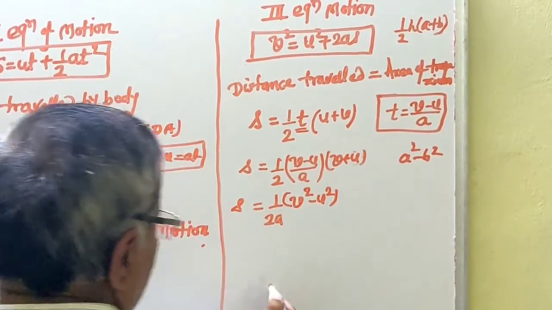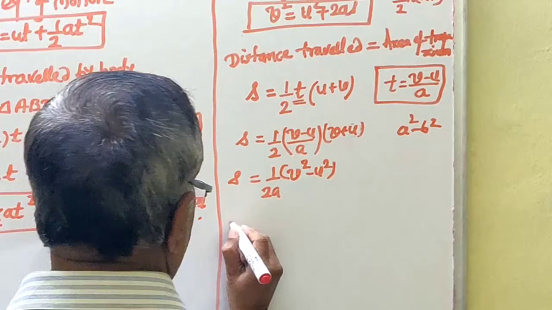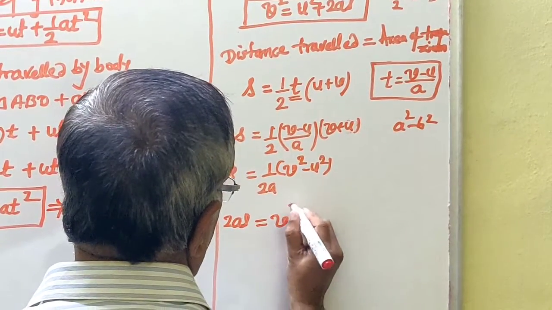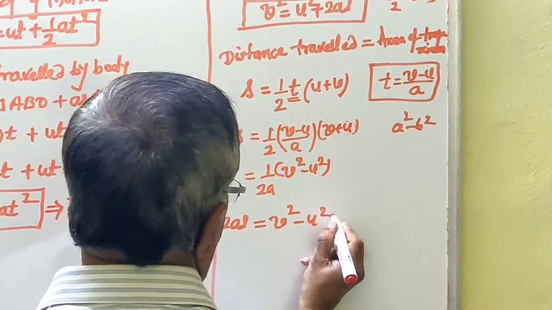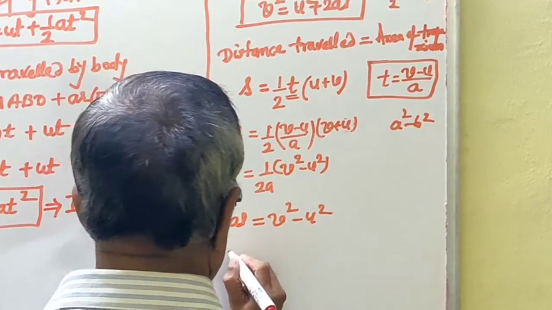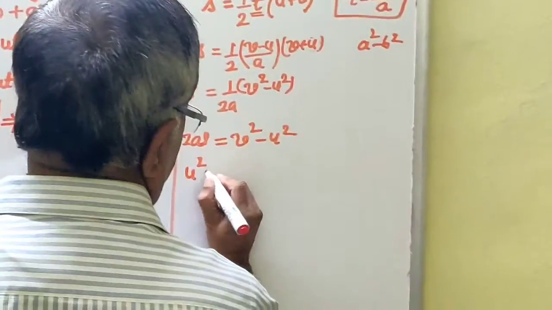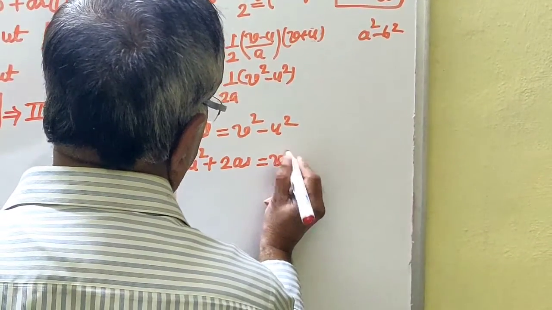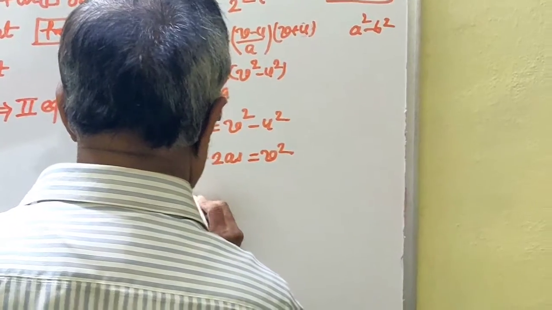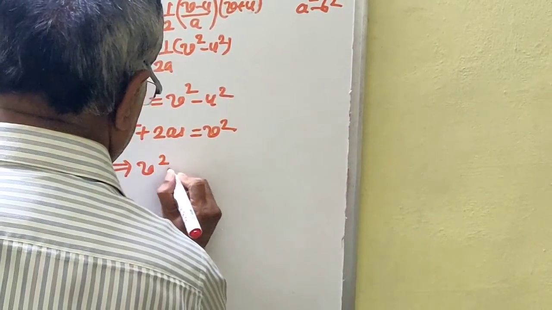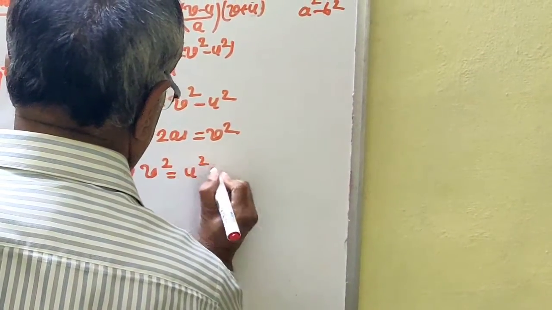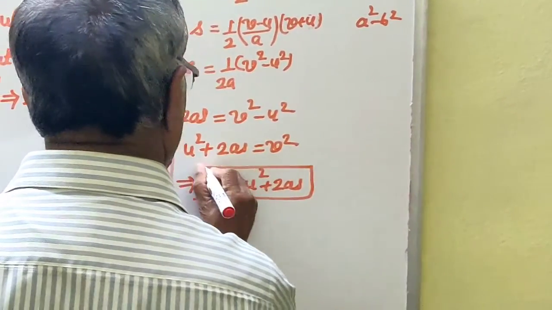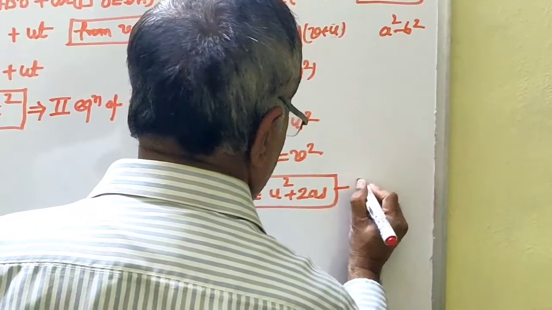Now I transfer 2a to the other side, so you get 2as is equal to v square minus u square. Now I will transfer u square, so I get u square plus 2as is equal to v square, which means v square is equal to u square plus 2as. This is the third equation of motion.